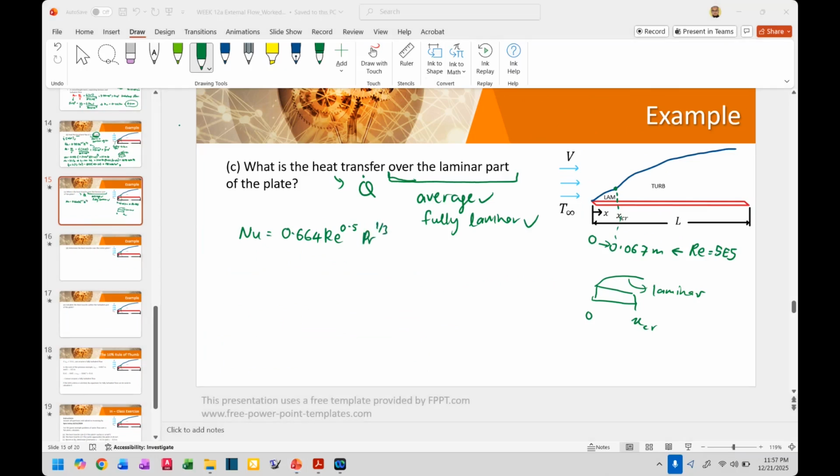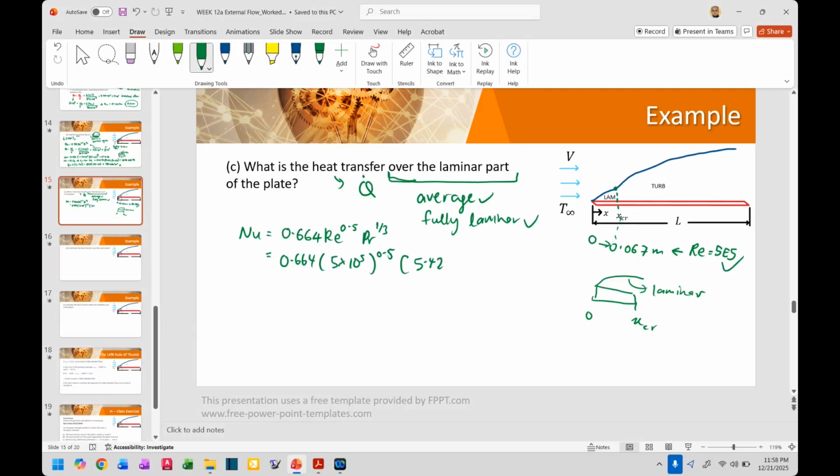The Reynolds number is something that we already found. And we can just simply plug in 0.664, 5 times 10 to the power 5 raised to the power 0.5. And then Prandtl number was 5.42, to the 1/3. And then you get your Nusselt number as 824.74.